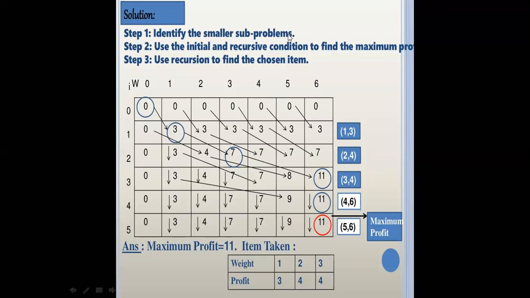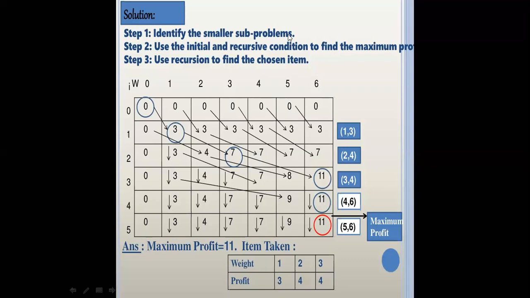Instead of solving the whole problem, we identify the sub problems, solve them, and store the result of each sub problem, so that we can use that result in the future for solving the bigger problem. Again, we identify sub problems, solve them, store their results, and use those results in the future to solve the bigger problems. That is the dynamic approach.